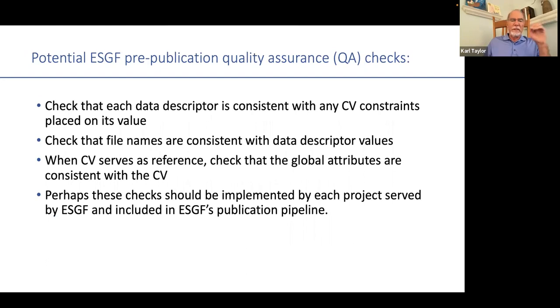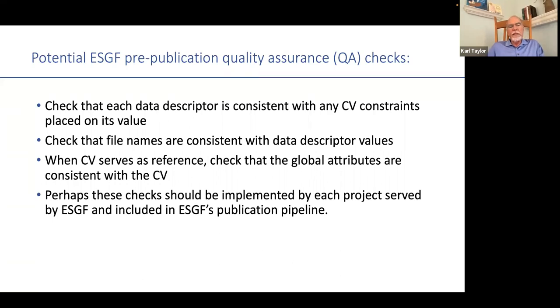One of the values of the CV, of course, is that ESG can check for consistencies before it publishes data. We can make sure, for example, that any data descriptor defined in a file actually appears in the CV. We can check that the file names are consistent with the templates needed, and also the data descriptor values.